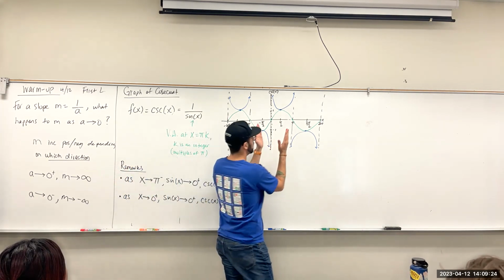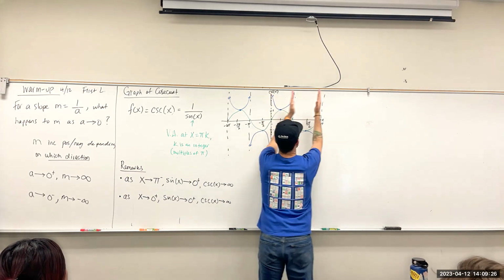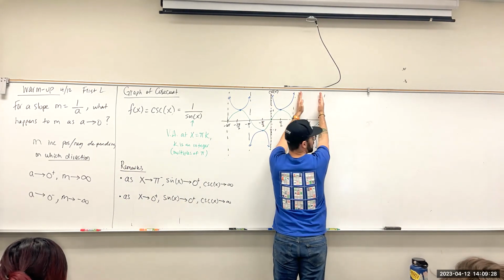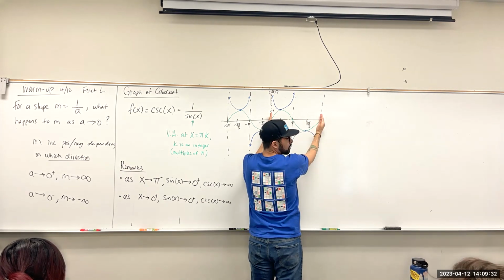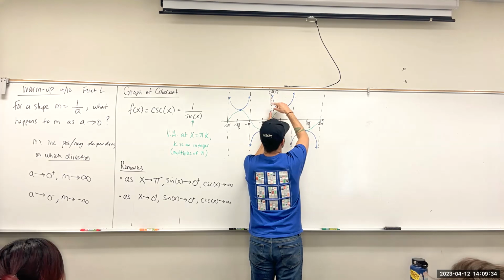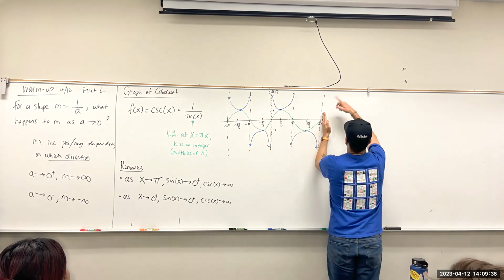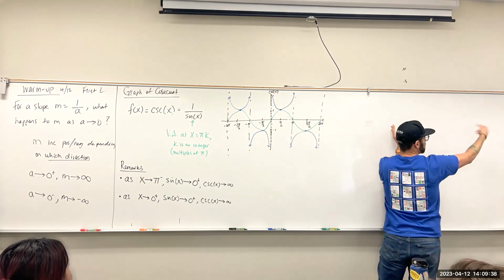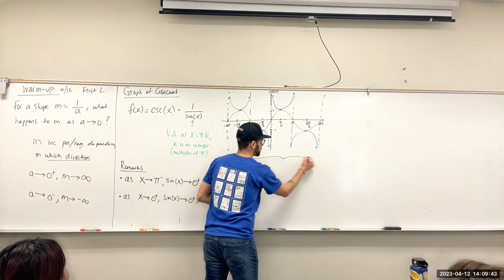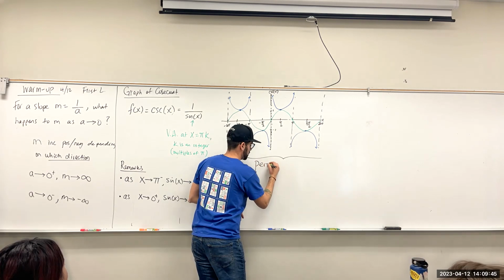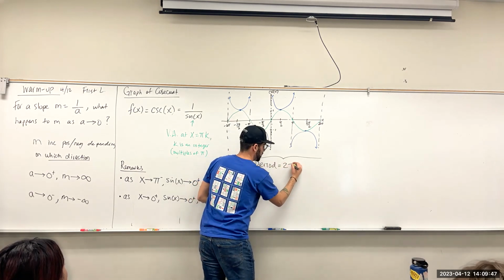Okay, if it's pi, then this better be here, right? But it's not. So it's really 2 pi, because every 2 pi it goes up and then down, up and then down. So the period is really 2 pi here.